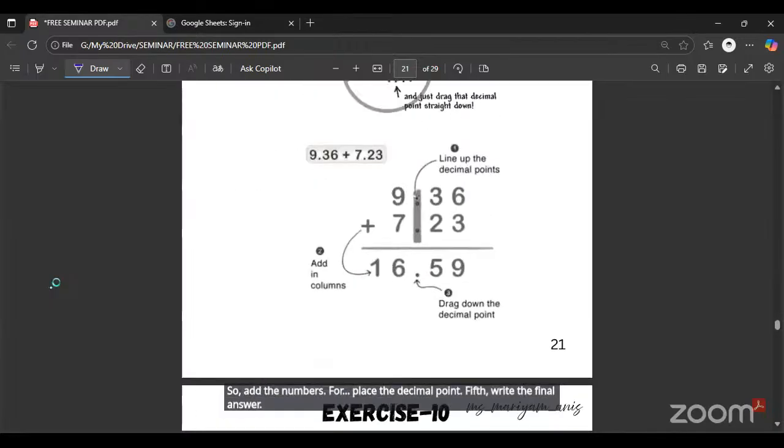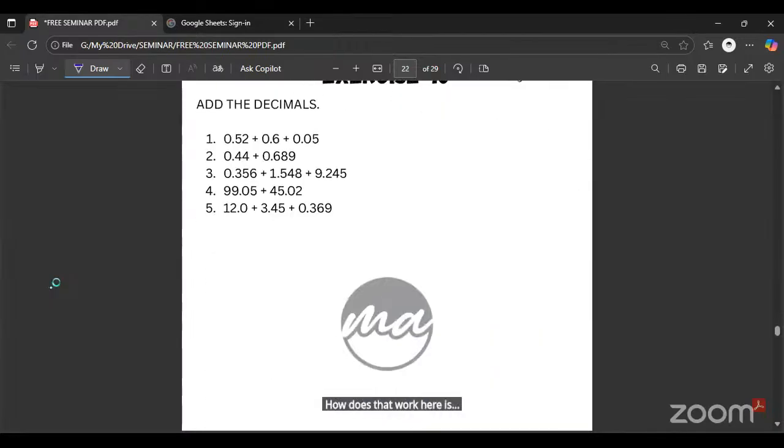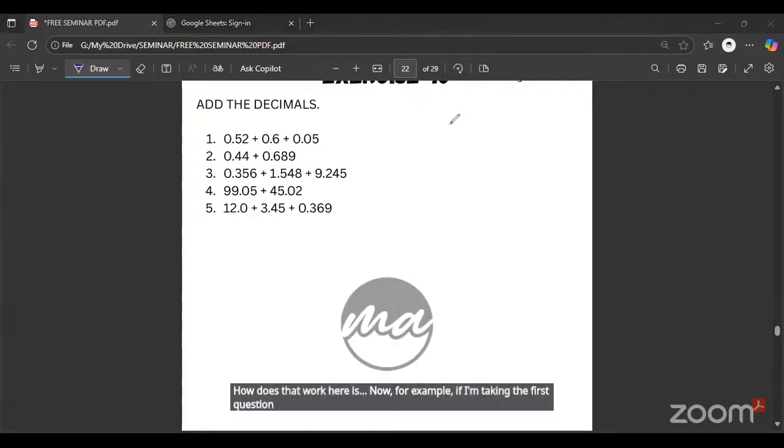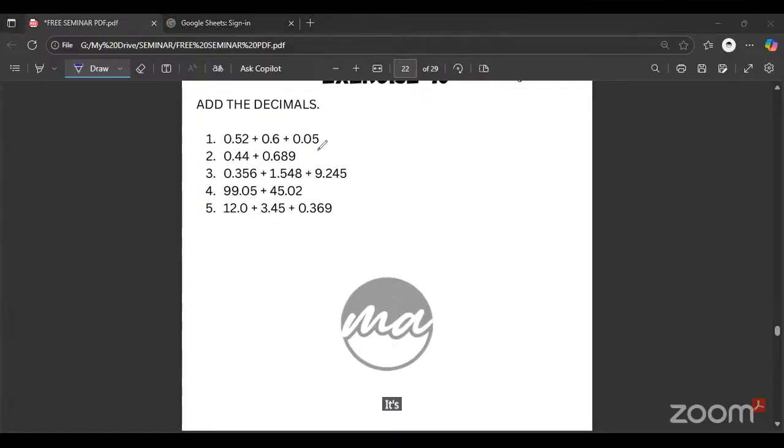How does that work here is, now for example, if I'm taking the first question, it's 0.52 plus 0.6 plus 0.05. When you're adding, you should align them in proper place where the decimal points are in the same line. So now for example, if it's 0.52 plus 0.6, it should be written in this way. And the empty space, you have to add a 0.